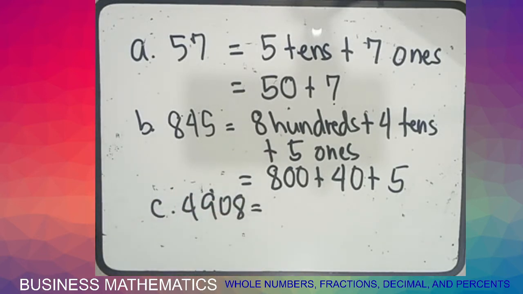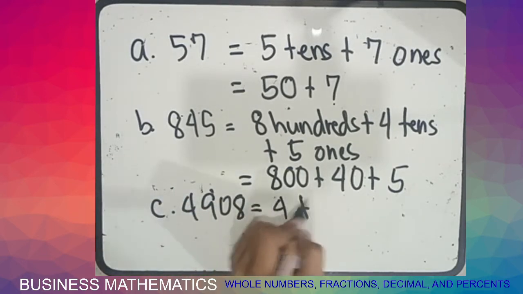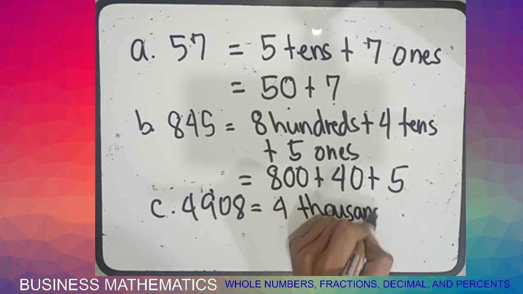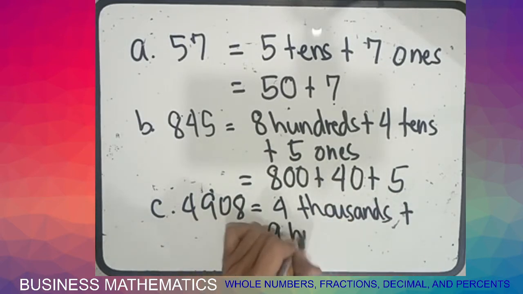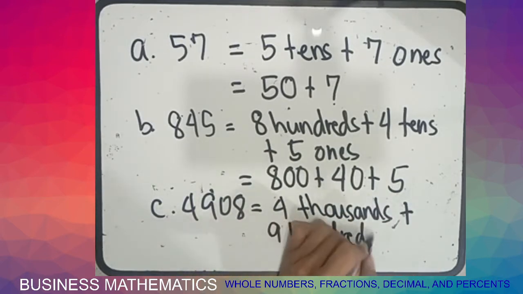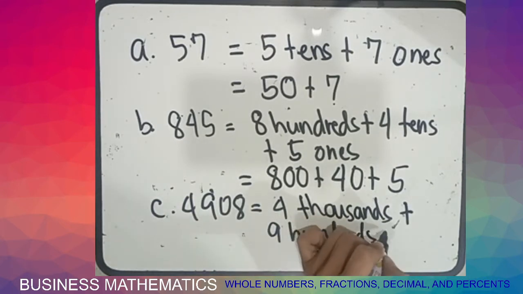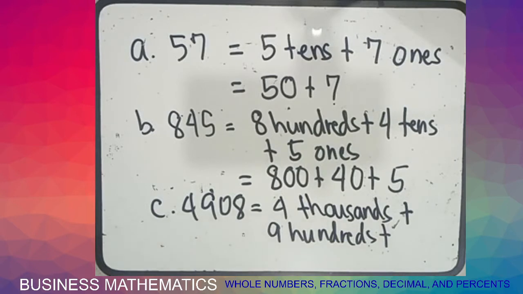Next, letter C. 4,908. So, yan ay 4,000 plus 900 plus, di ba pag tayo nag-ano kanina doon sa place value, kapag may 0 tayo, tinatanggal na natin siya.